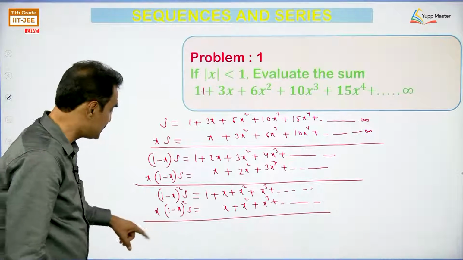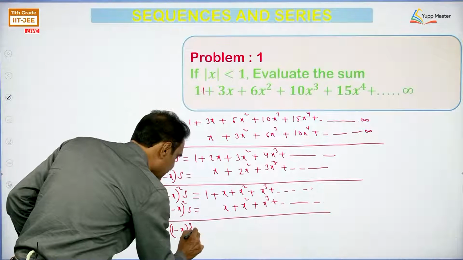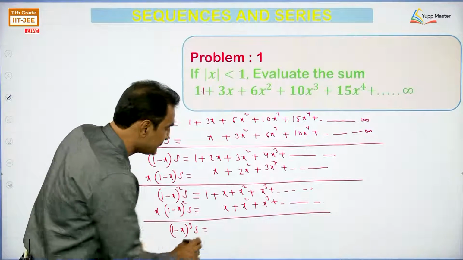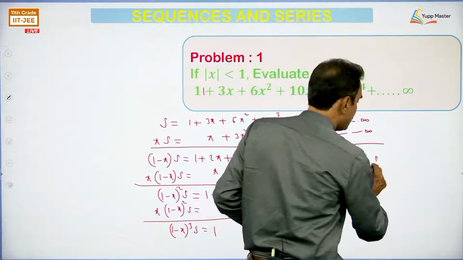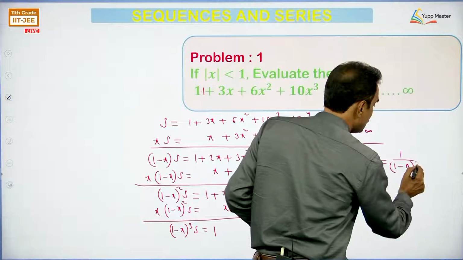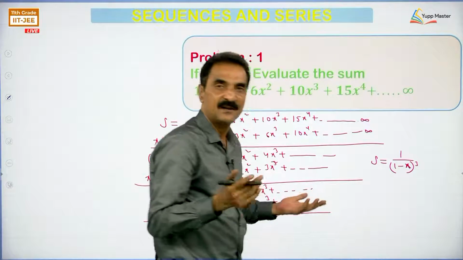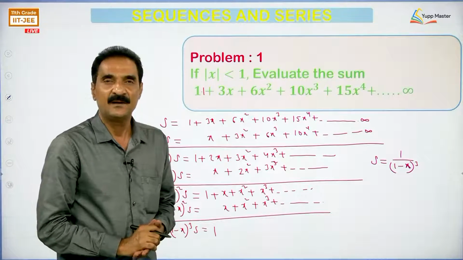Subtracting, this minus this will be 1 minus x whole cube into S, and this minus this is 1. So S is equal to 1 by 1 minus x whole cube. We got the answer. Alright, we have not used any formula. Alright, remember this technique.